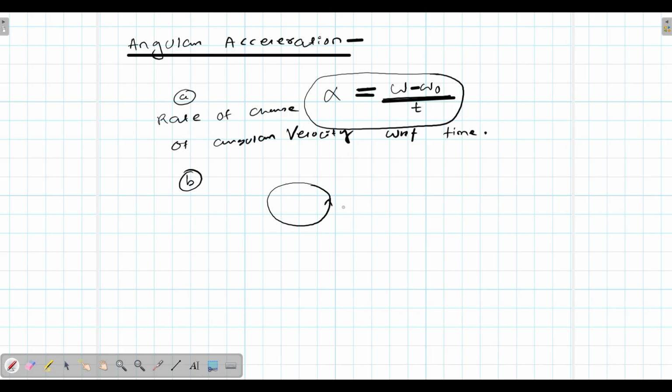For clockwise motion it is directed inward.